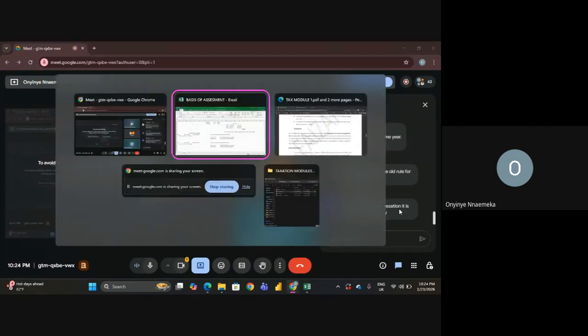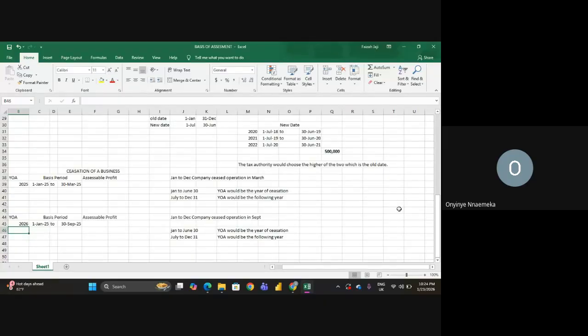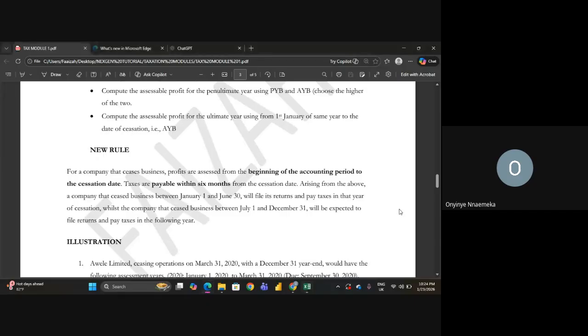All right. So the rule says here that for a company that ceases business, profits are assessed from the beginning of what? The accounting period to the cessation date. Beginning of accounting period, that is the rule.